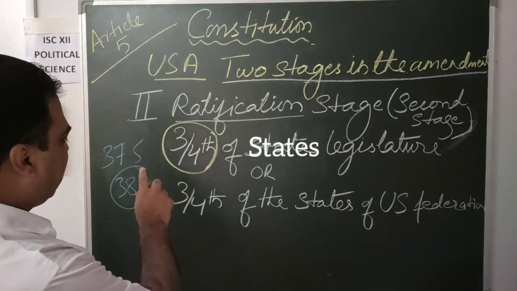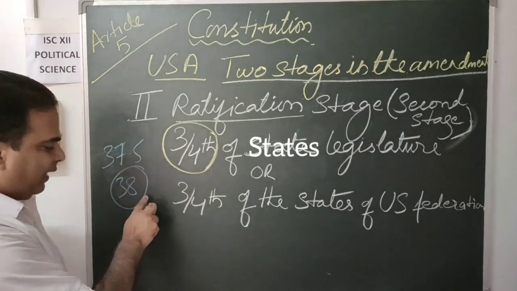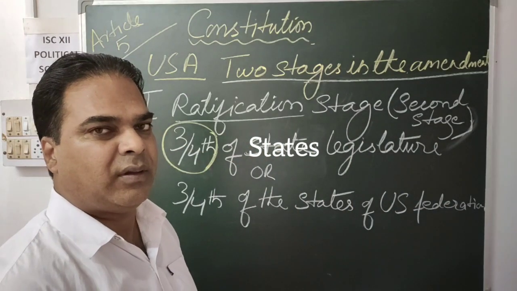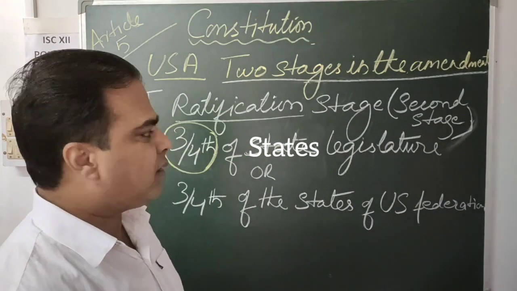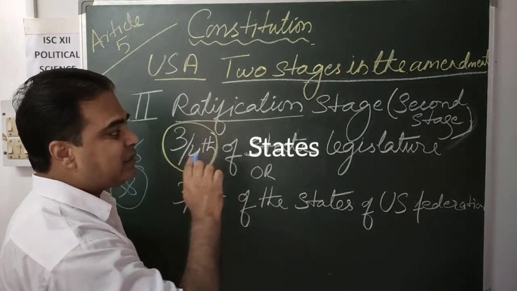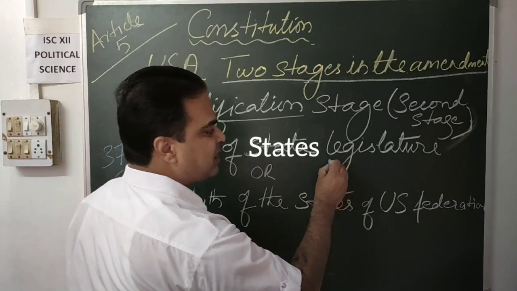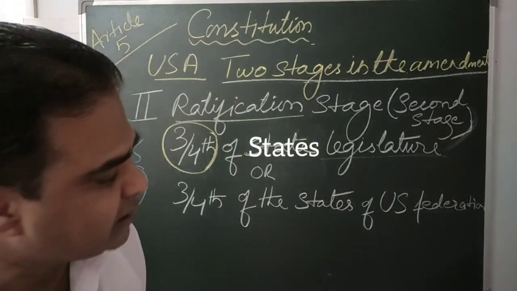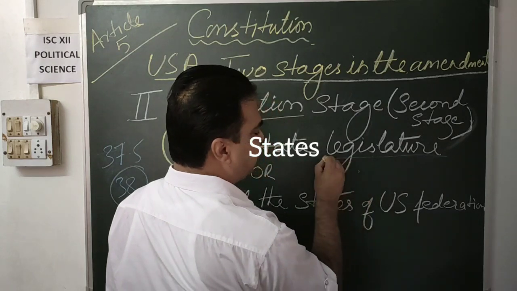So if 38 states approve the amendment of the constitution, then it can easily be done. 38 state legislatures. How many legislatures? 38. Please don't get confused over here.